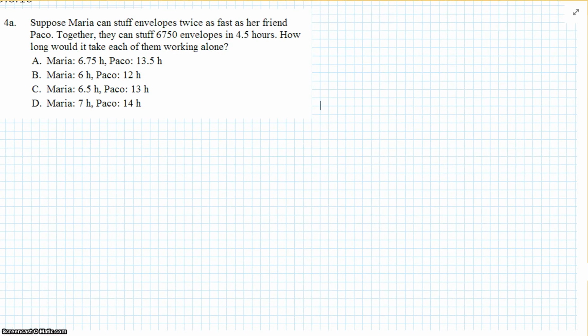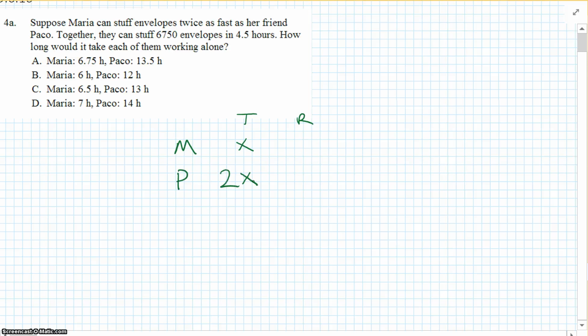Suppose Maria can stuff envelopes twice as fast. So Maria's x. Her friend Paco is twice as slow. Together, in 4.5 hours, they can stuff 6,750. So together they can stuff 6,750 in 4.5 hours.